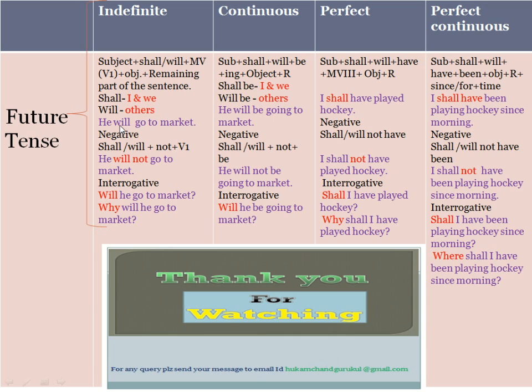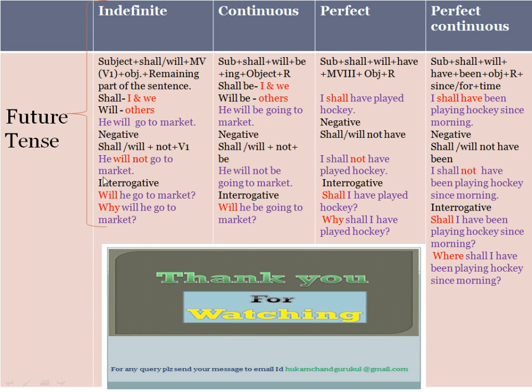In negative we use not just after shall and will. He will not go to market. Will he go to market? Will is here before subject. Before subject, first form, and shall and will is used here.